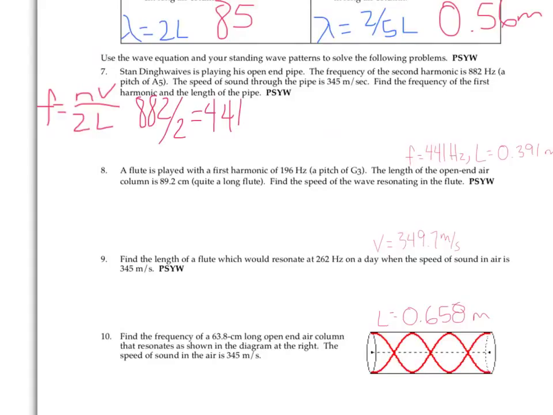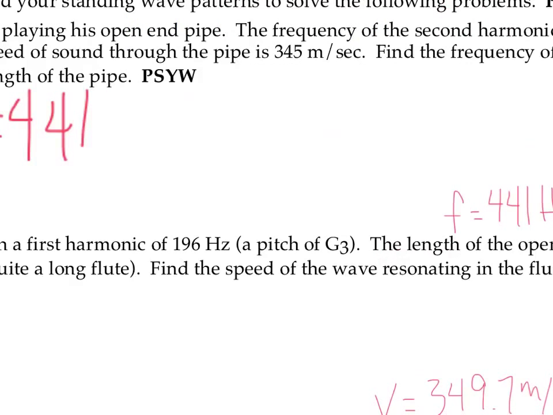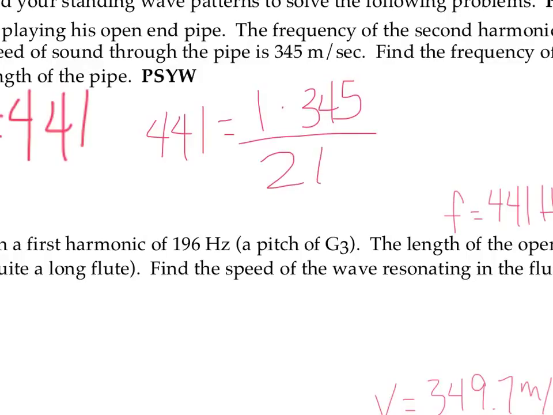And then solving for frequency and length is using this equation here. So the frequency of 441 Hertz is equal to the number of the harmonic, which in this case is 1, times the velocity, which was given to us as 345, divided by 2 times the length. So we need to do a little algebra here. You can cross multiply if you want, or you can multiply both sides by 2L.